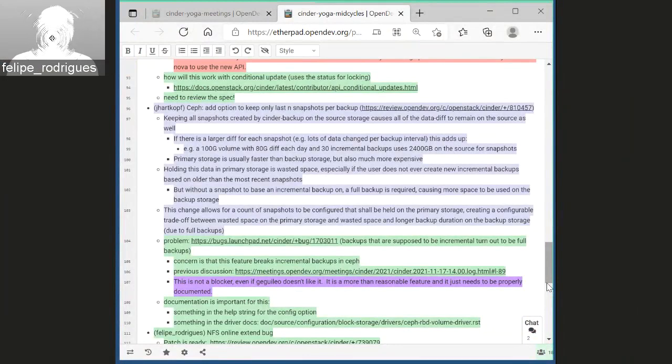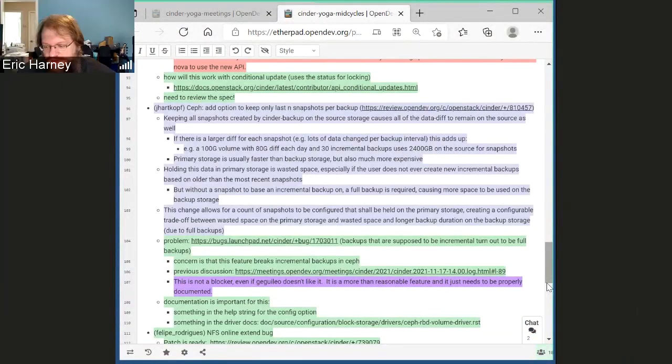So I tested this in my environment for the cases where it's suspended or shelved or shut off. I don't know if that's always true.